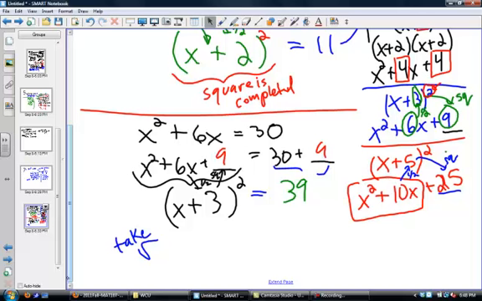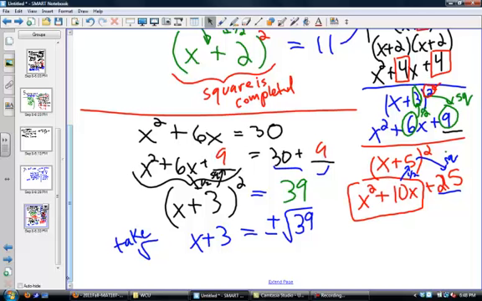So then we take the square root, and we get x plus 3 equals plus or minus root 39. I don't think we're going to do too good of a job of convincing you that this way works better. And I'm doing my best. I'm failing in my job. It's all good.